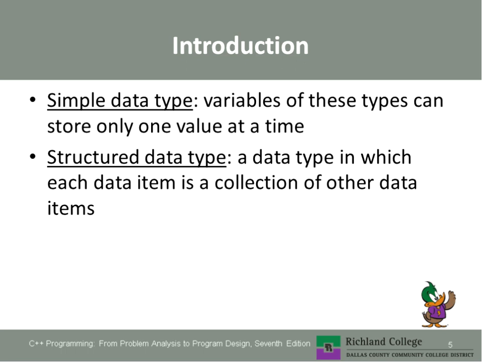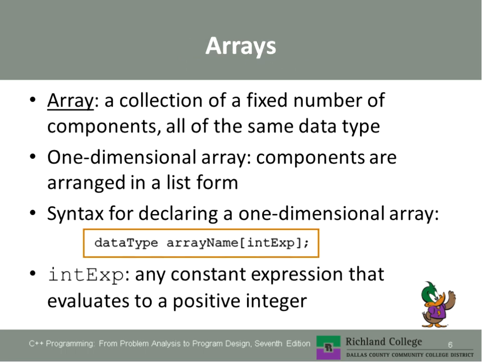And so the simple data type, variables of these types can store only one value at a time. When we have structured data types, it's data in which each data item is a collection of other data items. Okay.